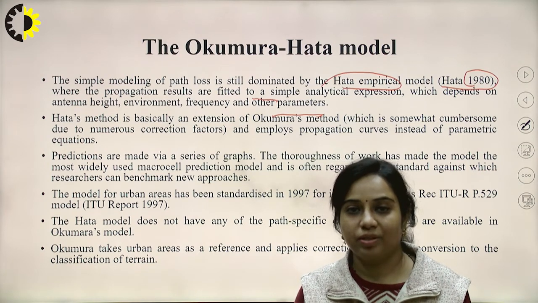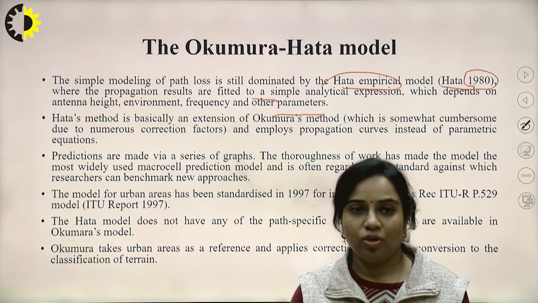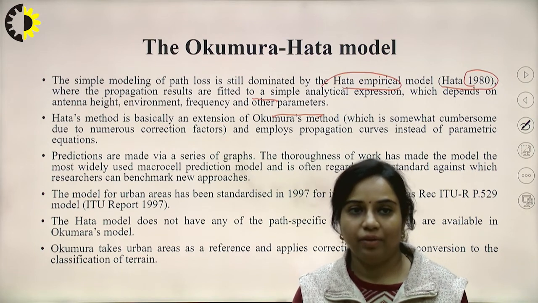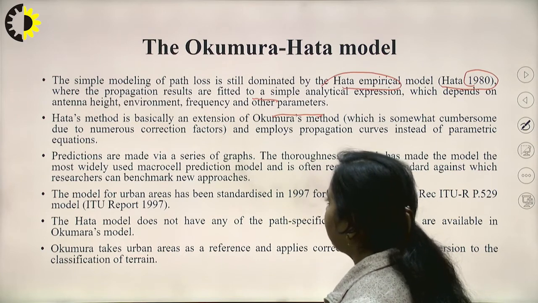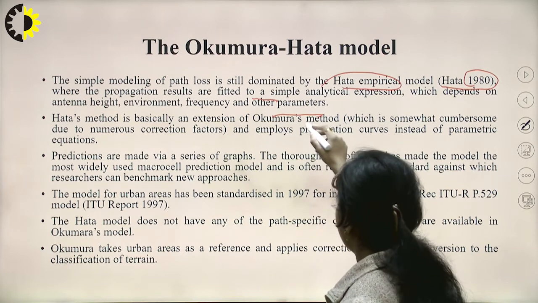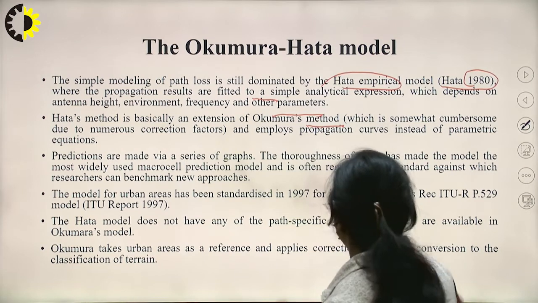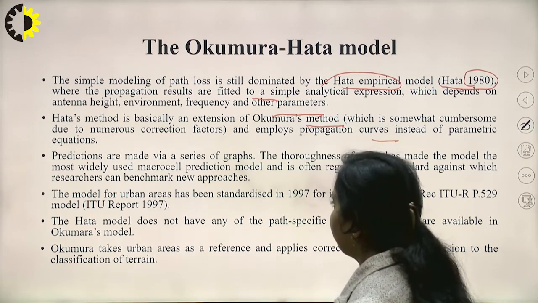So you have to consider the terrain height, frequency of operation, antenna height and environment while designing this particular model. The Hata method is basically an extension of the Okumura model and employs propagation curves instead of parametric equations.